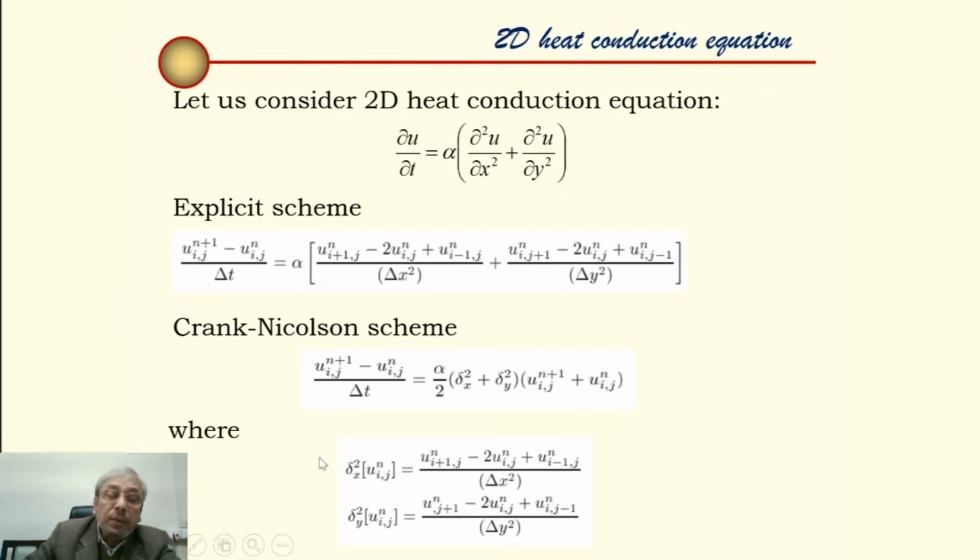So we have shown here the central difference operator in x direction, which simply means central differencing the dependent variable in the x direction. Similarly, del 2y is the central difference operator in y direction. It discretizes the dependent variable in y direction following central differencing, and it has second order accuracy.